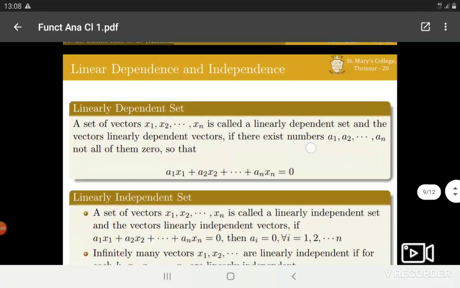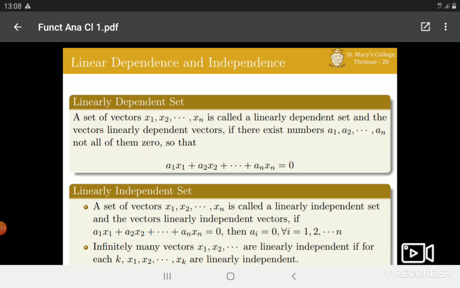Now we will define a linearly dependent set. A set of vectors x1, x2, etc., xn is called a linearly dependent set, and the vectors linearly dependent vectors, if there exist numbers or scalars a1, a2, etc., an, not all of them 0, so that the linear combination a1 x1 plus a2 x2 plus etc. plus an xn is equal to 0.